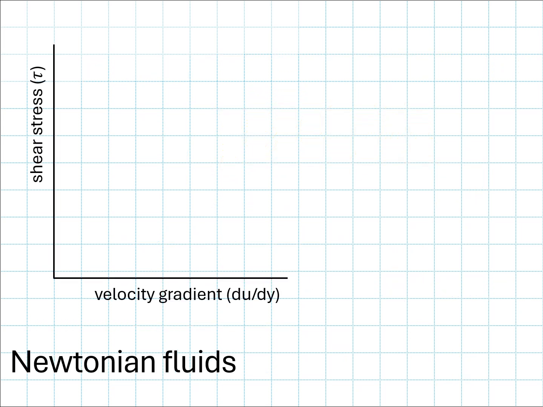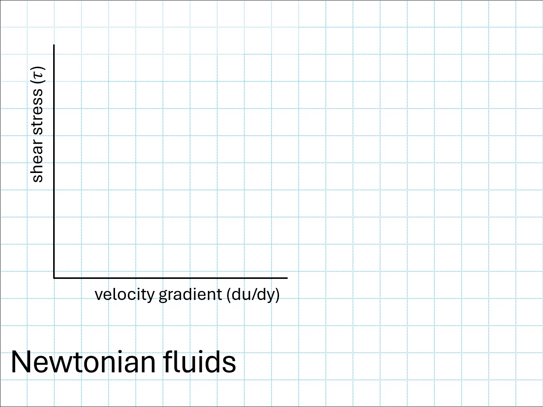So if I think about the relationship between the force per unit area applied, that would be the shear stress shown on this graph on the y-axis, and the velocity gradient that's created on the x-axis, I can imagine that this relationship is going to look different for fluids that have different viscosities. So if I compare the three fluids of different viscosity that we looked at in the first slide, I may see some differences.